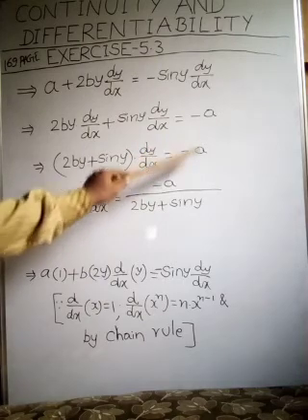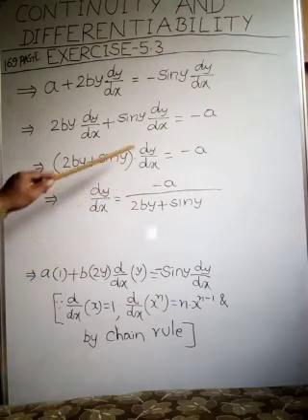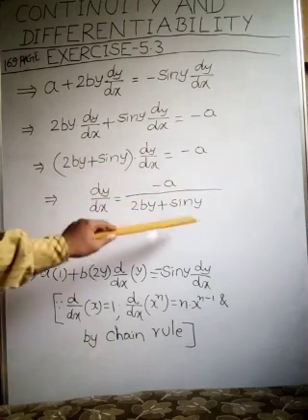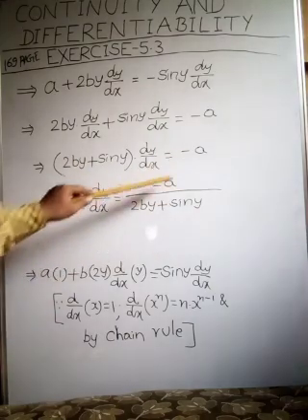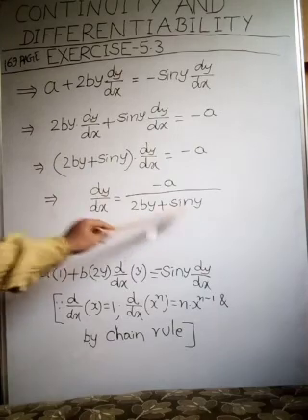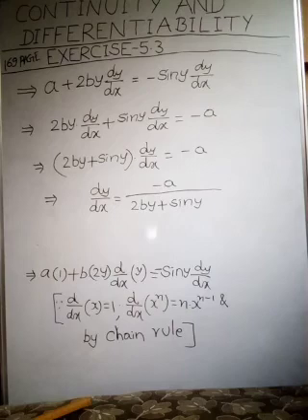Is equal to minus a. Right. So dy by dx is equal to, we are sending this term to RHS, minus a whole divided by 2by plus sin y. So this is the value of dy by dx. From the given equation, we got dy by dx. Understood, my dear children? Right.